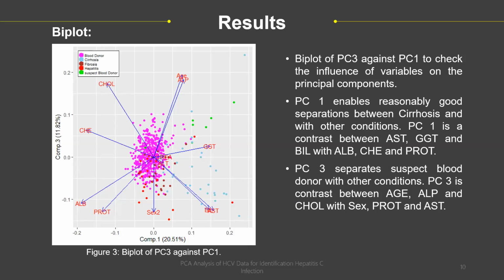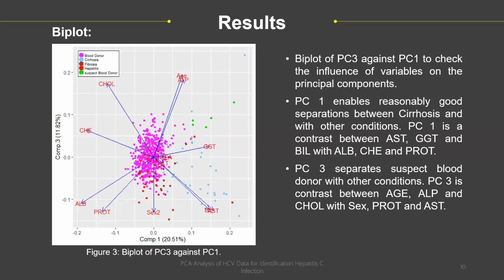It's rather weak. The separation is not clear. Which is saying that it's actually not easy to know whether someone has hepatitis C or not based on the markers that you have used in the study, right?